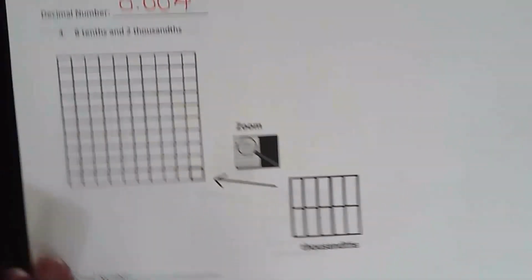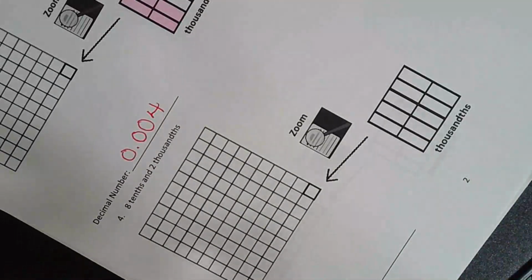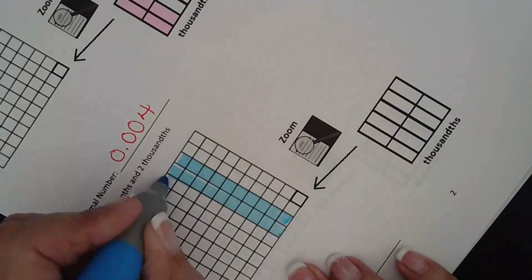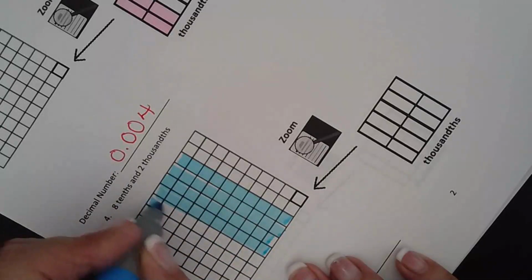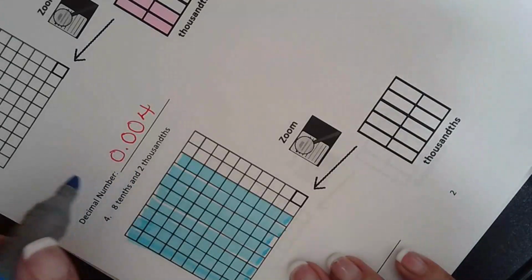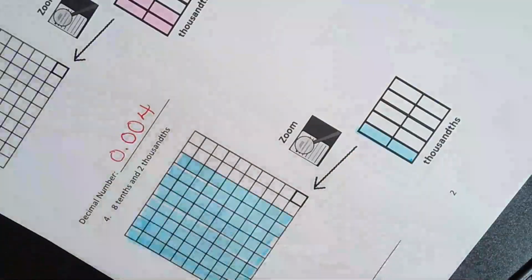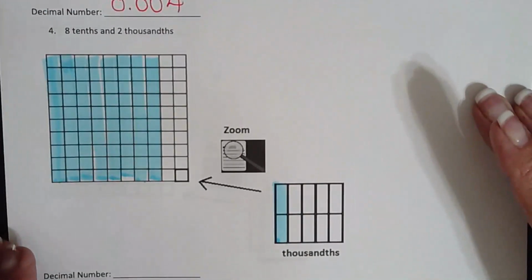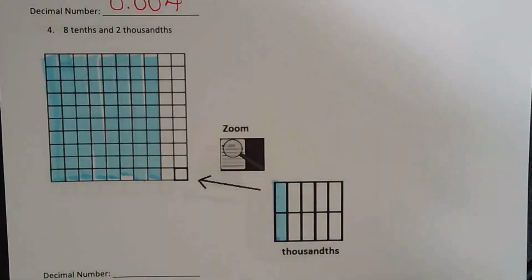Okay, so we have 8 tens. That means 8 strips. So 1, 2, 3, 4, 5, 6, 7, 8, and then it says there's 2 thousandths. So to write that number as thousandths, we know there's 3 decimal places again.